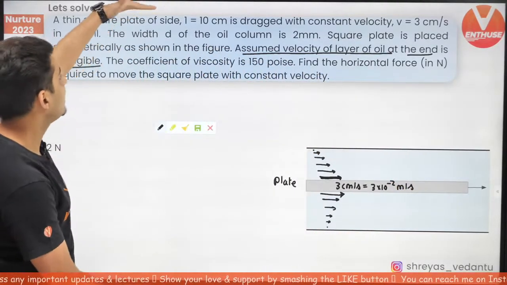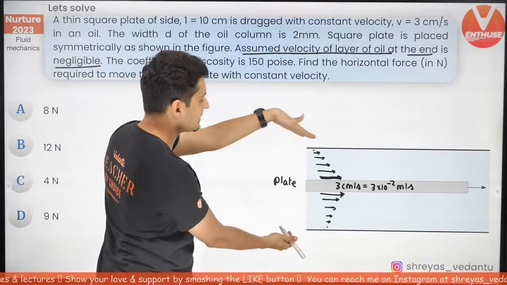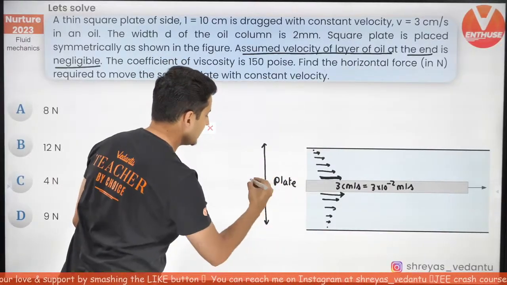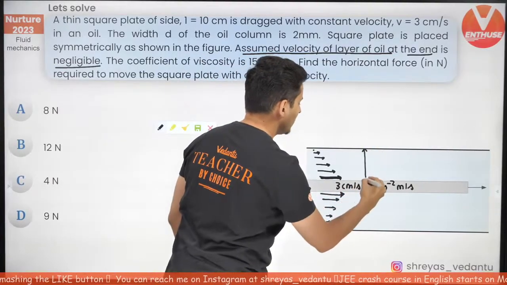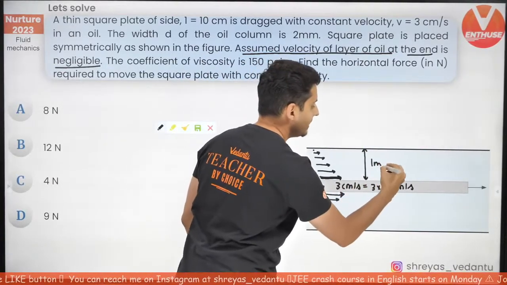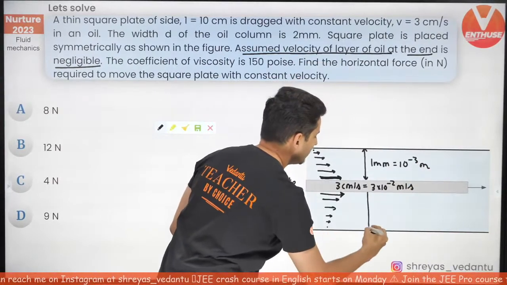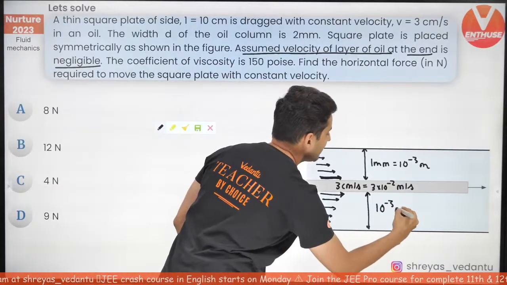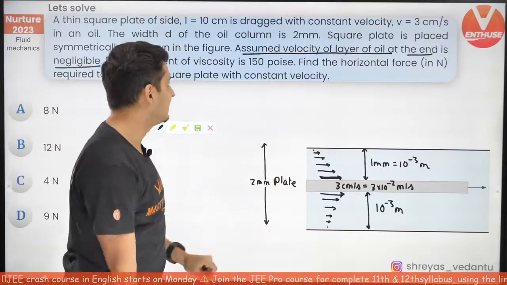The distance of that oil column is 2 millimeters. So this entire thing is basically 2 millimeters. So I know one thing for sure, this distance is 1 millimeter, which is 10 to the power minus 3 meters. Even this distance is going to be 10 to the power minus 3 meters. Why do I need these? Because I need the velocity gradient.